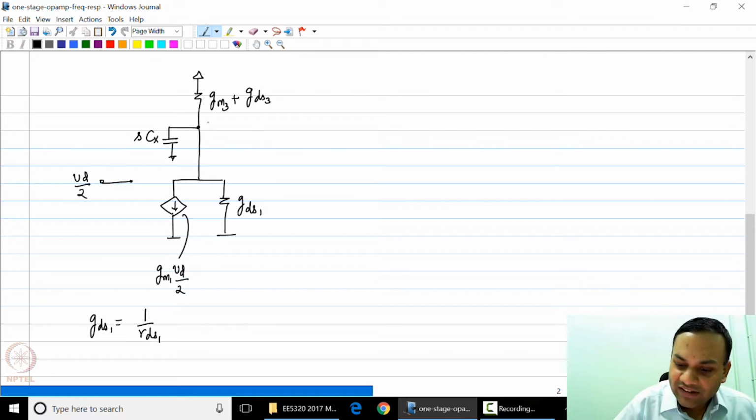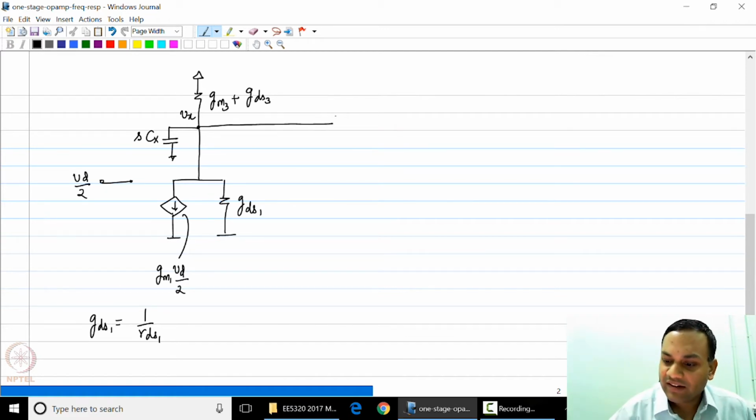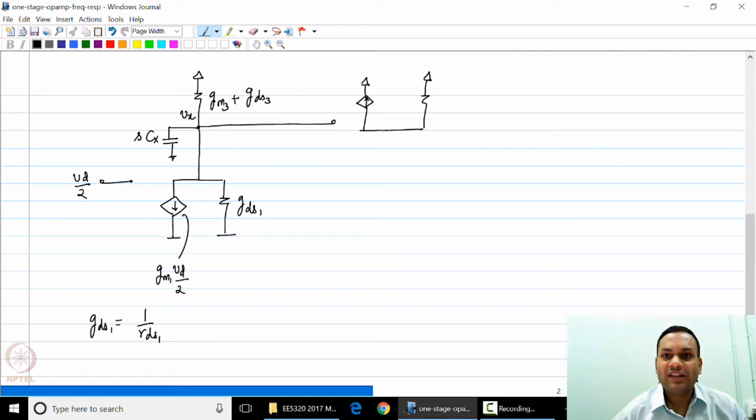Now this generates a voltage Vx at this node, and this Vx is now applied to the gate of transistor M4, and that causes a small signal current I4.